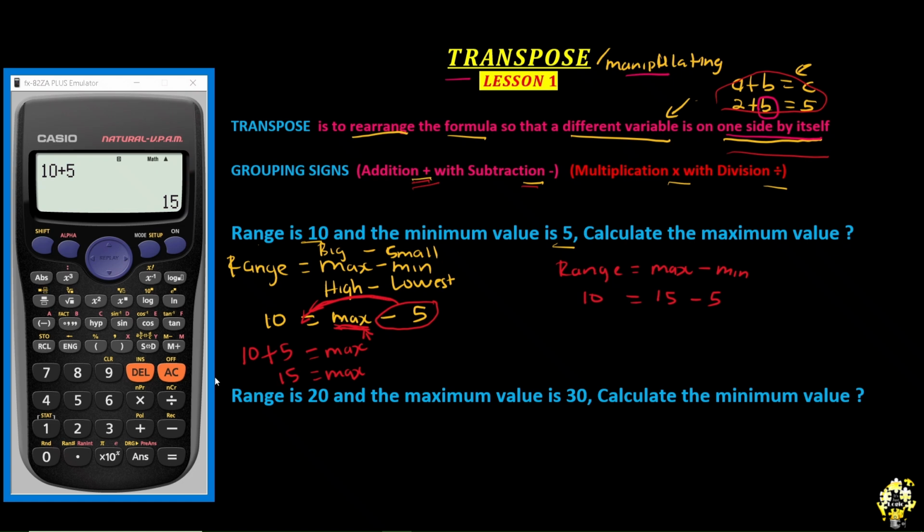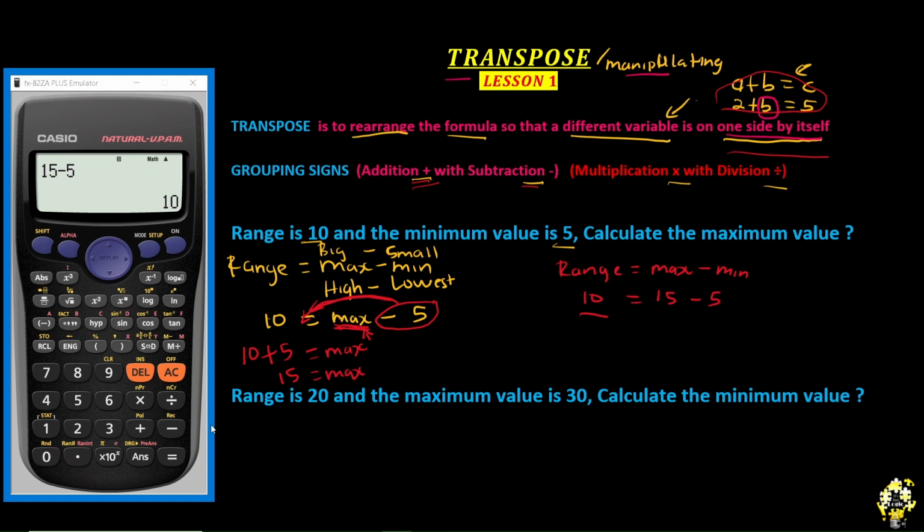Does this now look traditional? Does it look like something that makes sense? Does it look solved? Of course it does. Why? Because let's go to our calculator and say that 15, when you are subtracting a 5, guess what? You get a 10. The whole concept of transposing is all about this.